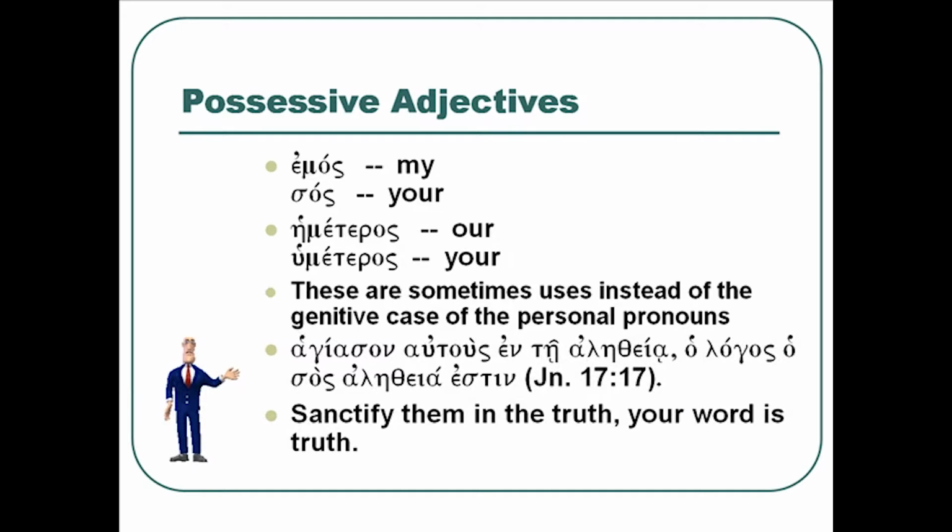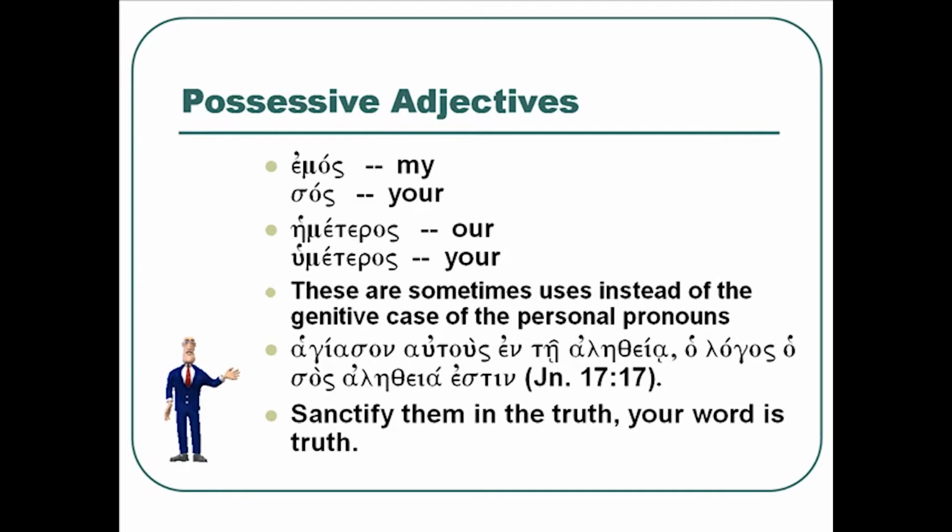An example of this can be found in John 17:17. Hagiason autous en te aletheia, ho logos ho sos aletheia estin. And it's translated, sanctify, hagiason, the imperative form there, sanctify them in the truth, en te aletheia.